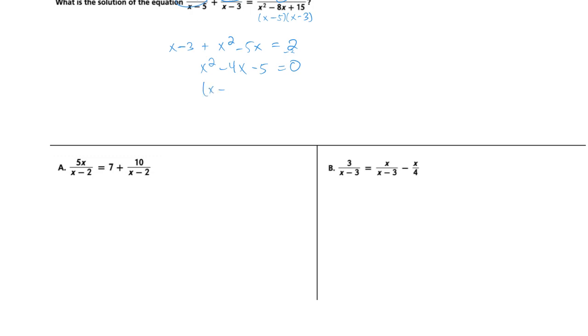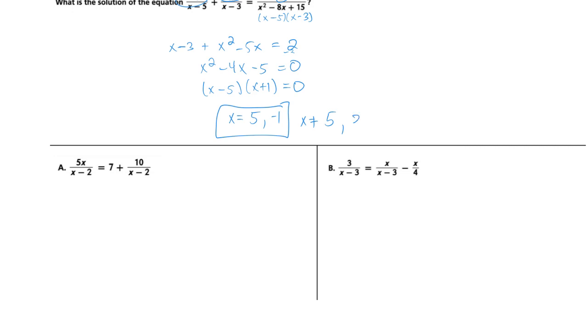Then we're able to factor. So we can factor x minus 5 times x plus 1. So we get x is equal to 5, negative 1. And we need to find the extraneous solution. So x cannot equal 5 and negative 1.